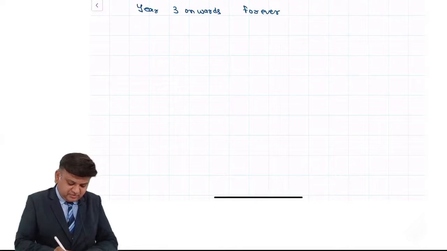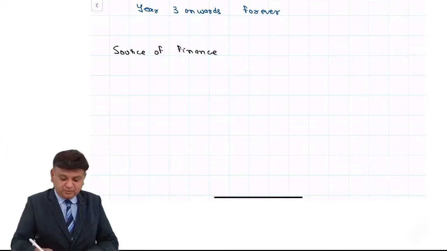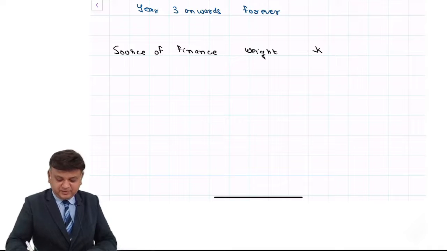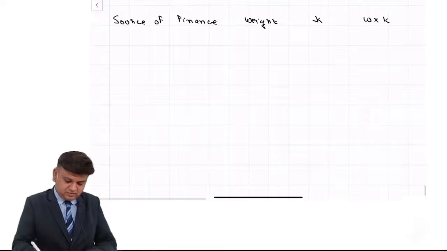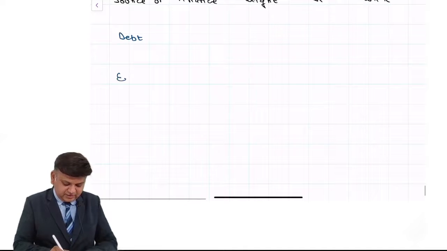So column number 1 will be again source of finance. Column number 2 will be weight or proportion. Next column will be cost of capital, then weight into cost of capital. In source of finance, we will have debt financing, equity financing.